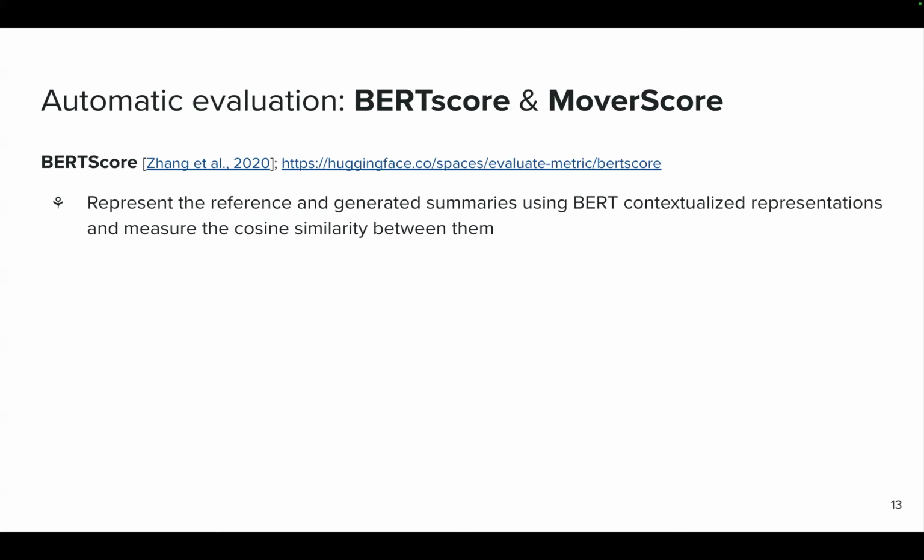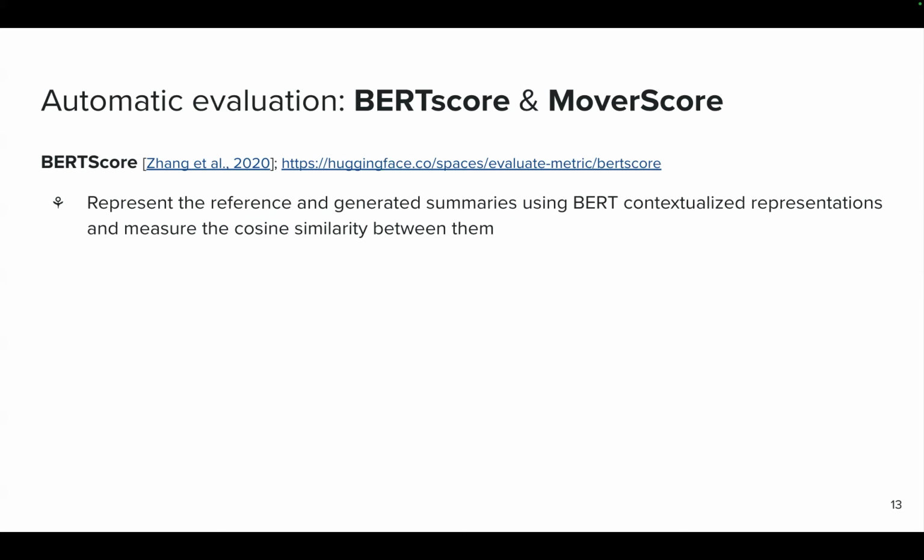What that means is you pass these summaries independently through BERT, and then use some final representation to represent that summary. For example, with BERT, we have that special CLS token that represents the entire input sequence. So if you pass your reference summary through BERT, you can use the CLS token at the final layer of BERT to represent it.